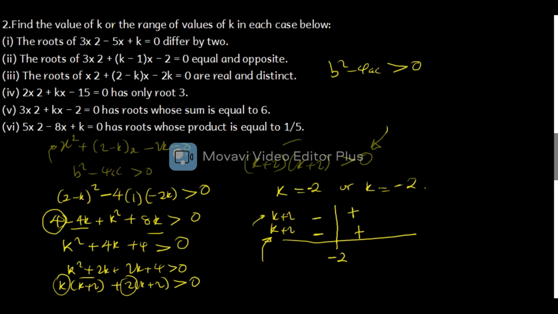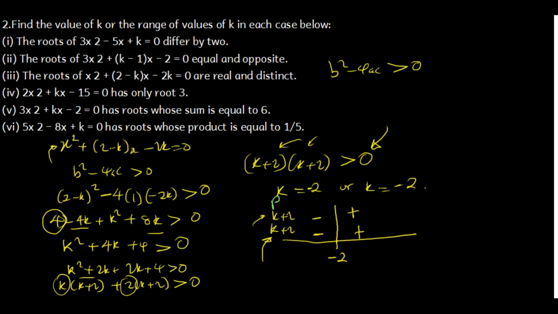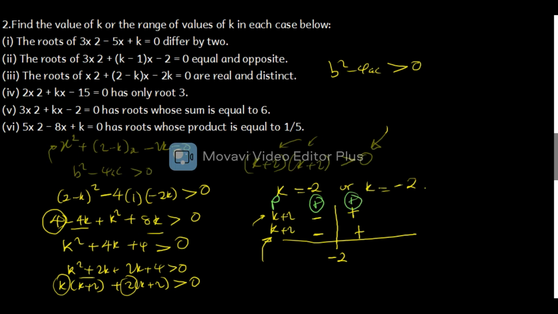But remember, we are multiplying these two values, so we are interested in the product. Negative times negative, what we are going to get is positive. And then positive times positive, what we are going to get is positive. Now remember, our expression is saying the product of those two should be greater than 0.